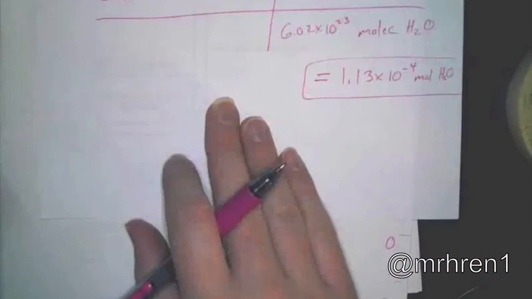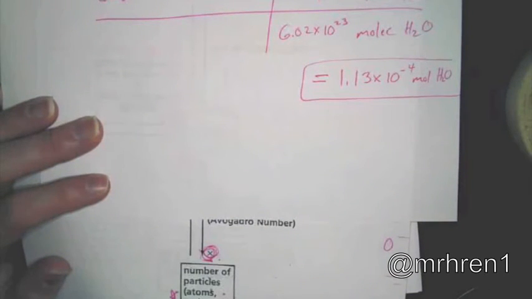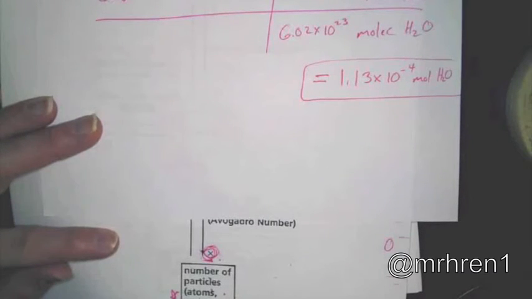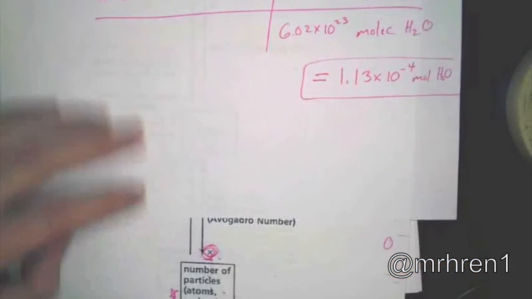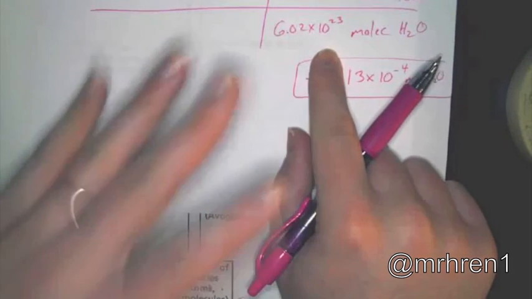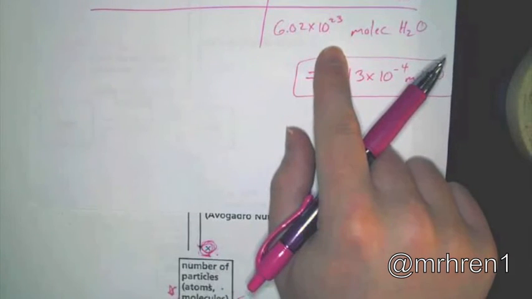Why do you do H2O when you add the molar mass? Why didn't I add the molar mass? Like, why did we not figure out the mass of H2O off the periodic table?